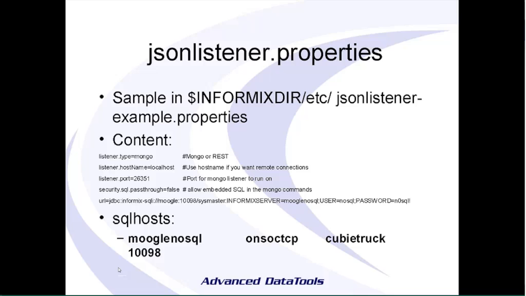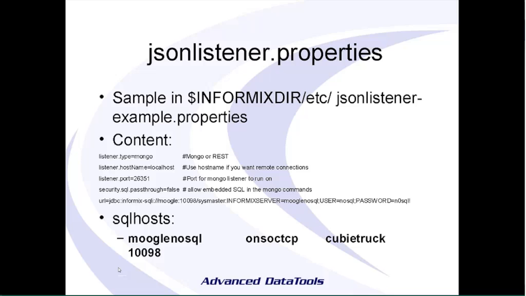Again, if you've ever worked with the JDBC driver before, this will look familiar. And just for reference, that's my sqlhost that ties into it. So you see how I do the connection on port 10098. That is the port. I have a standard onsocTCP listener in my sqlhosts.